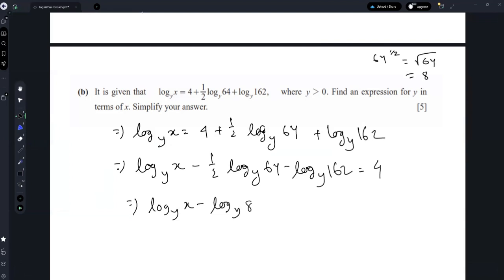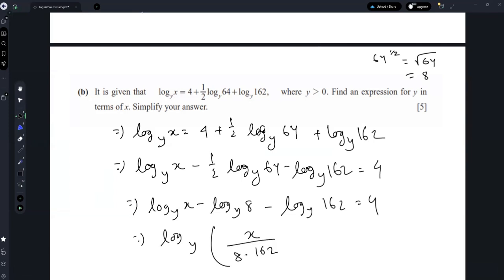So log base y of x minus log base y of 8 minus log base y of 162 equals 4. So I get log base y of x by 8 into 162. It is going to be 1296.